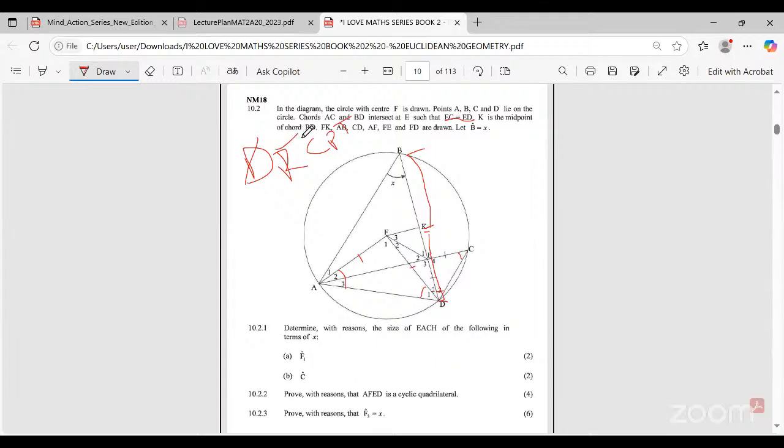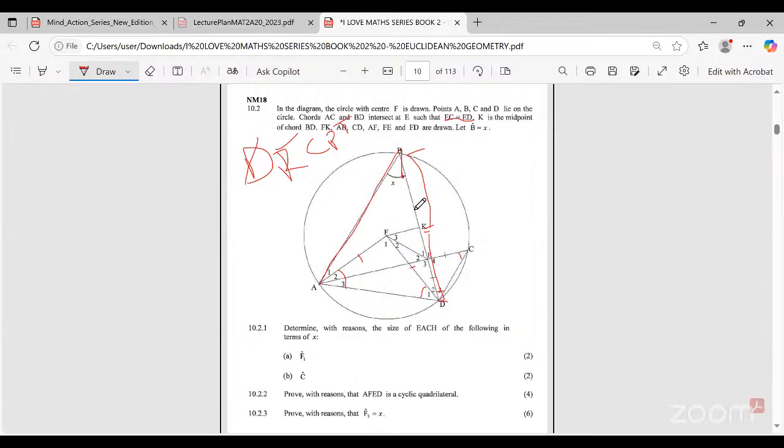Then, is there a cyclic quad that's required? Yes, sir. Which one? ABDC. Yes, I agree.